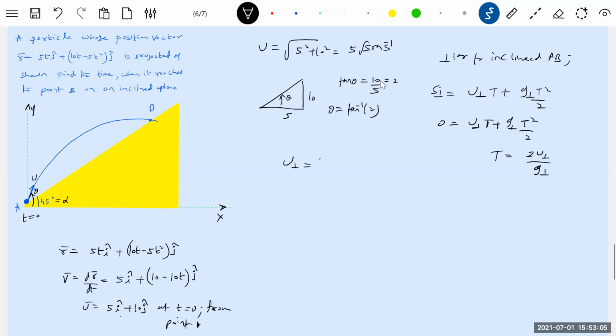U perpendicular will be U sine of theta minus alpha. U parallel is not needed. Magnitude of U is 5 root 5 sine of theta minus alpha, where alpha is 45 degrees, pi by 4. This is U perpendicular, so there's no problem. G perpendicular is G cos 45 degrees, or this will be 5 root 2. Substituting all this, we'll get the time taken to move from A to B.